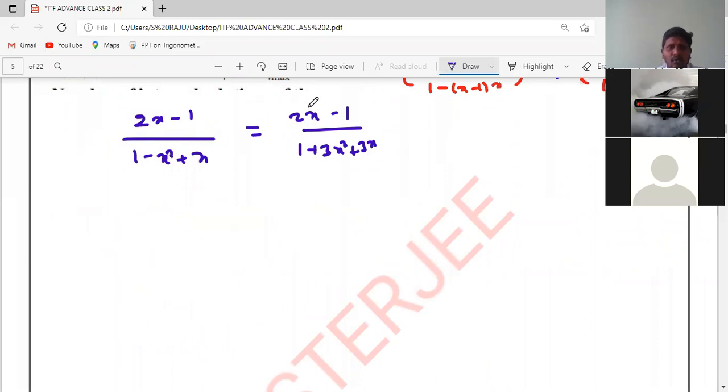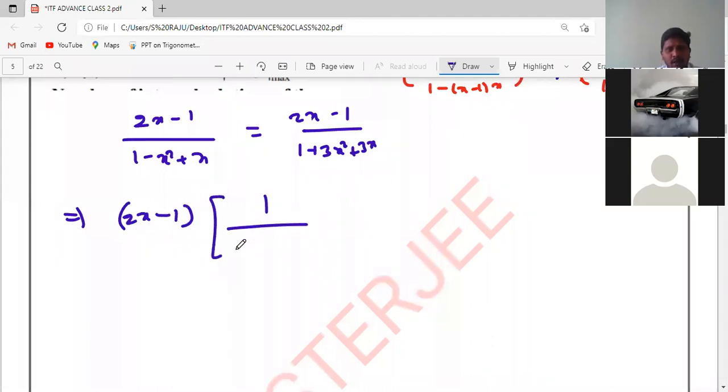So for that, what to do? Here this 2x minus 1 by this value you can take to the left side; take 2x minus 1 as common. Otherwise, shall I write this equation as (2x minus 1) into (1 by (minus x square plus x plus 1)) is equal to 1 by (3x square plus 3x plus 1)?